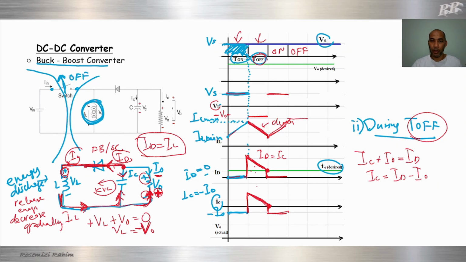So at the bottom it will be minus V naught, then plus Vs, minus V naught, plus Vs, minus V naught. For the current: increase, decrease, increase, decrease, increase, decrease. So this one goes up, decreases, goes up, decreases.